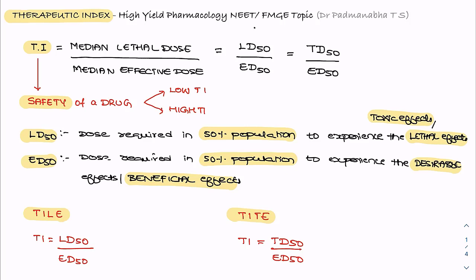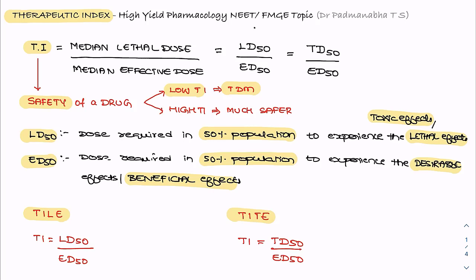Those drugs which possess a low therapeutic index require therapeutic drug monitoring, and those drugs which possess a high therapeutic index are much safer and do not require therapeutic drug monitoring. So only for the low therapeutic index drugs, you need to go for frequent therapeutic drug monitoring.